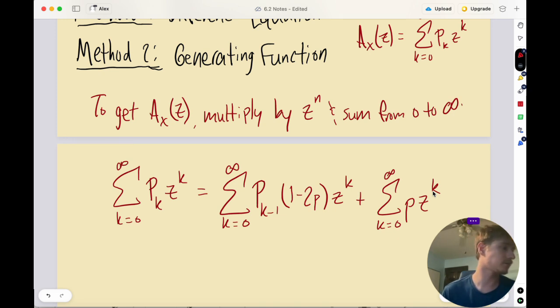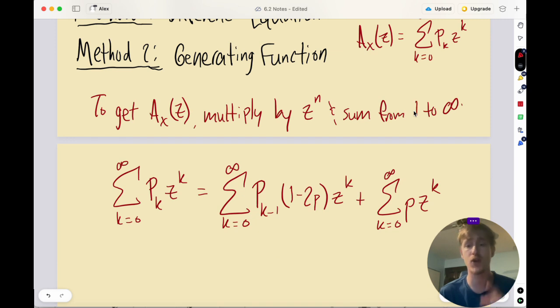Now, looking at this, I'm seeing that we can't really sum this from k equals 0 to infinity. The reason is this right here starts at k equals 1. So I'm going to amend what I said earlier, and we're actually going to start from 1.